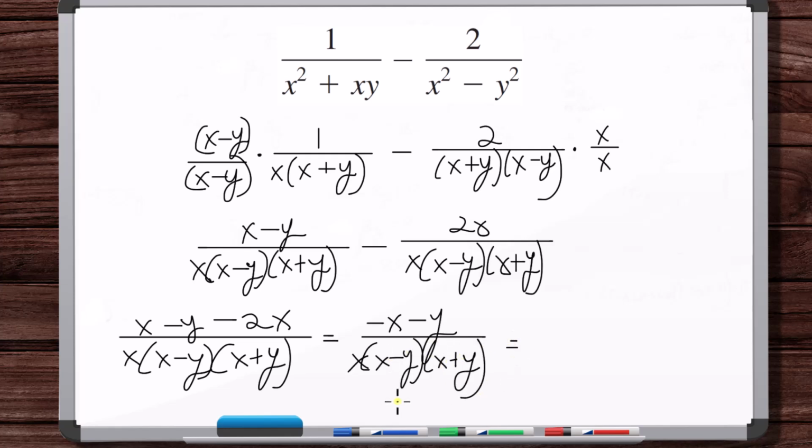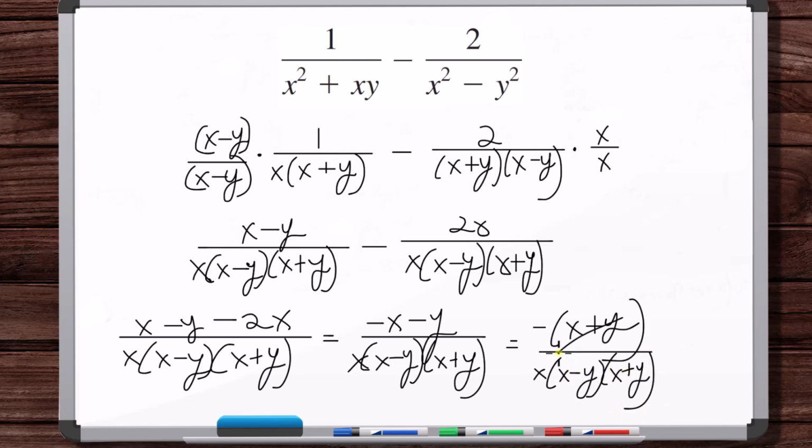Now we can take out a minus here and we get x plus y. Now we can see these cancel and we're left with minus 1 over x times (x minus y). So x can't be equal to 0, x can't be equal to y, right?